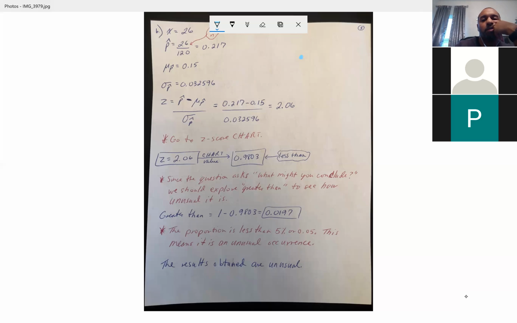All right. So put that in the z-score formula, and that'll give us that 2.06. Go to the z-score chart, and that gives us 0.9803.